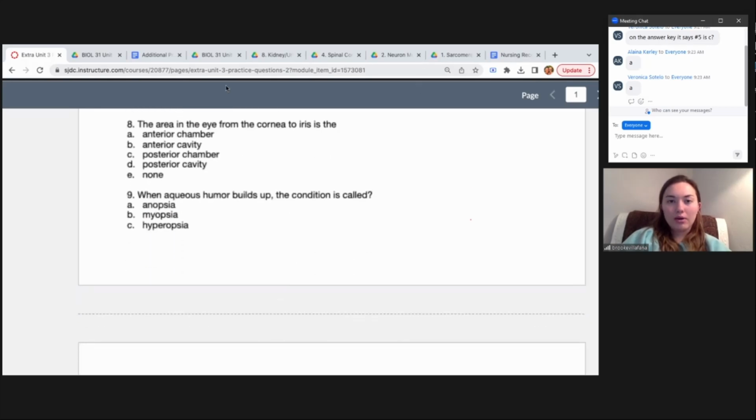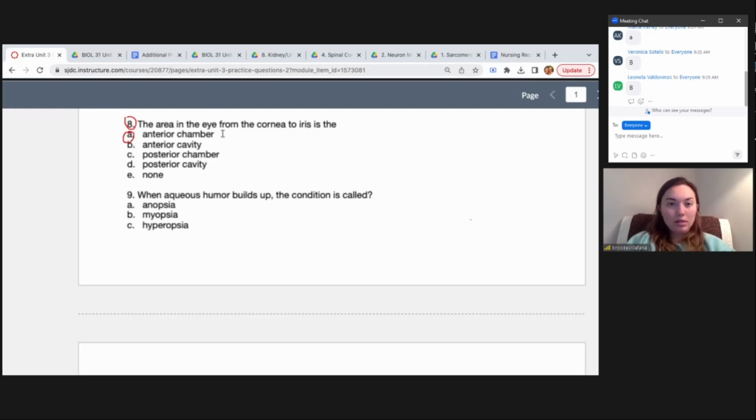Okay, question 8. The area in the eye from the cornea to the iris is the... it's the anterior chamber.